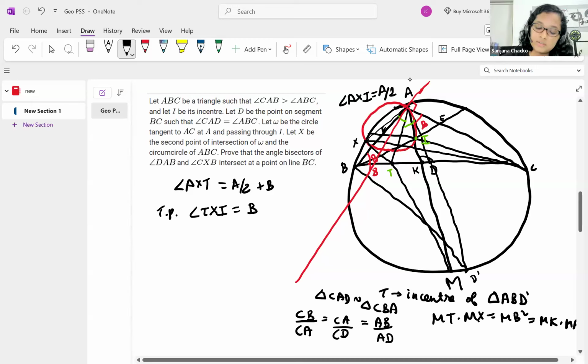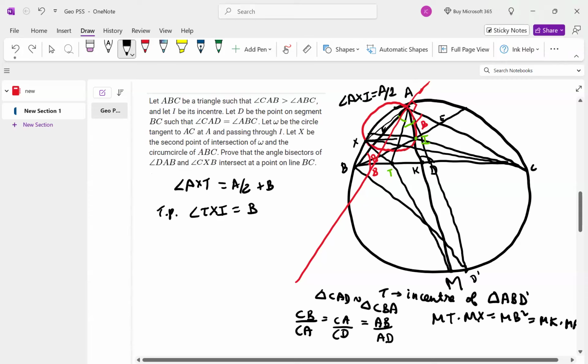BAD. That's already there in the problem, so then we can't say much about T. Okay. You're assuming X lies on MT and you want to prove the initial condition about X. That is equivalent. Yeah, so now you want to prove that TXI is equal to B.